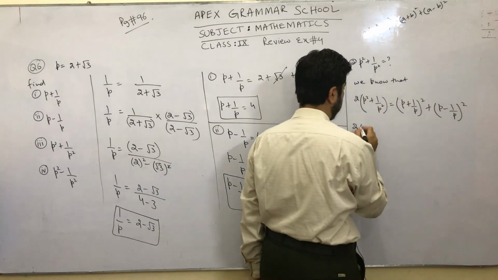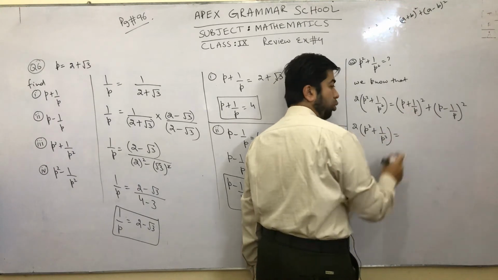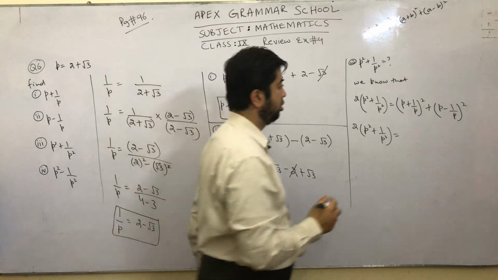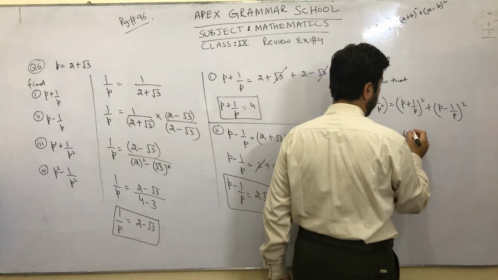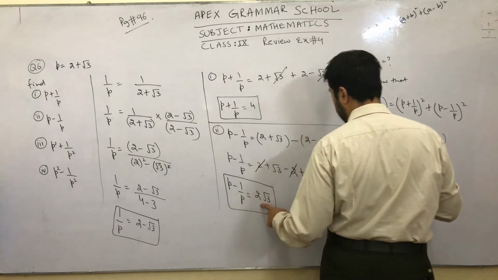Now you have the value of p plus 1 over p, that is 4. So 4 square plus, and after that the value of p minus 1 over p, that is 2 square root 3, squared.